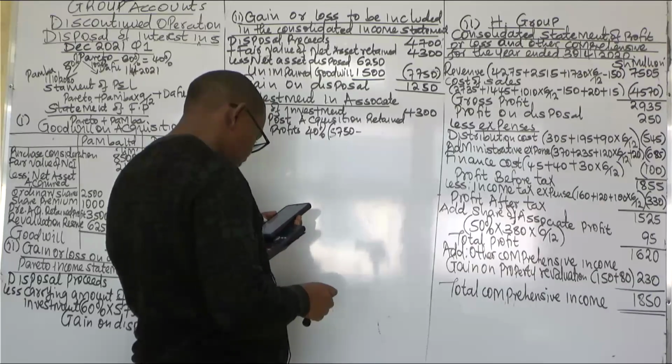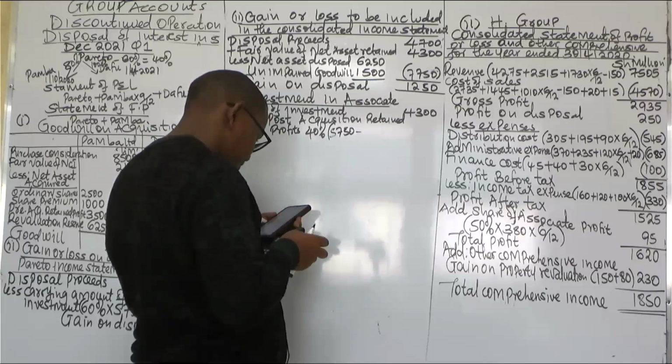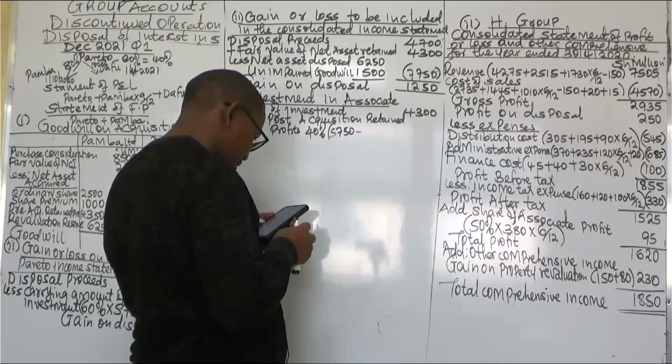On additional information number 4, Pareto Limited, the value of the remaining net assets were 43. As at the year end, the retained earnings is how much?